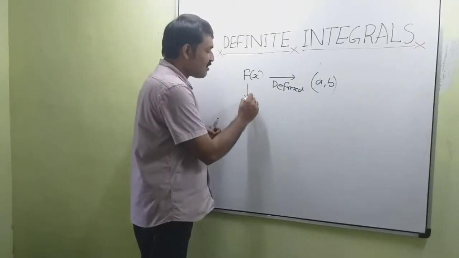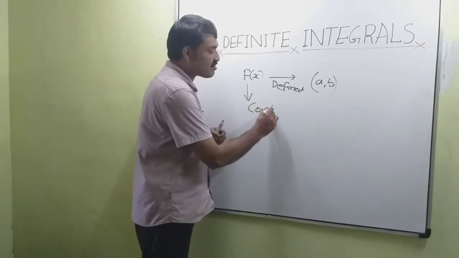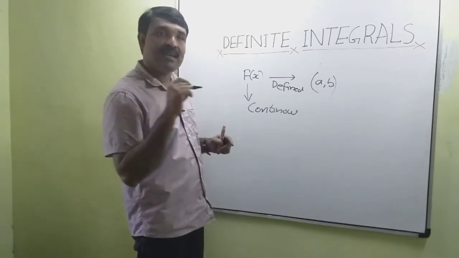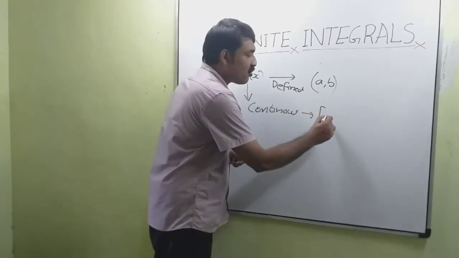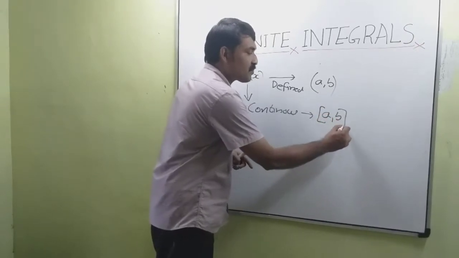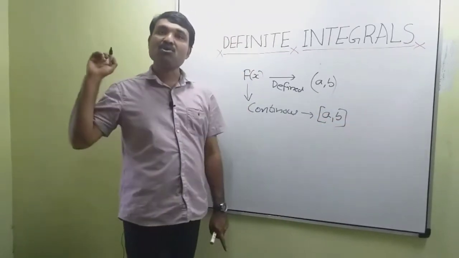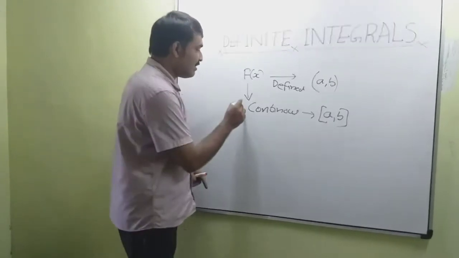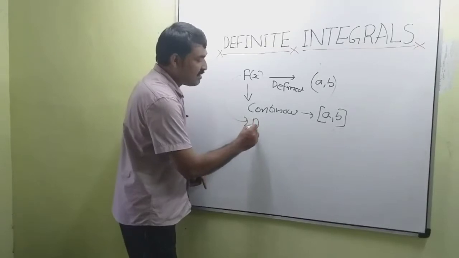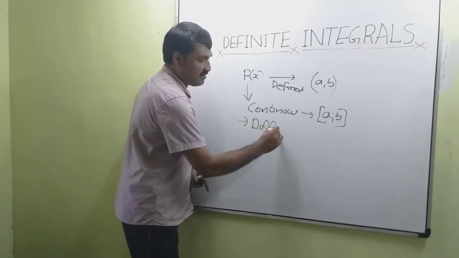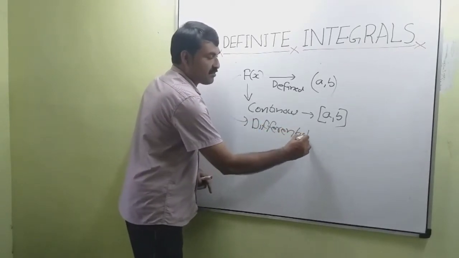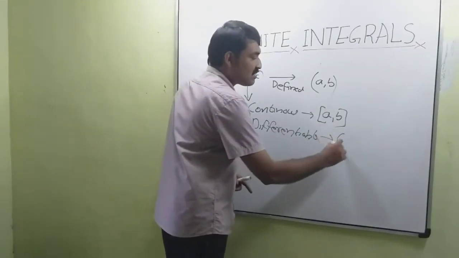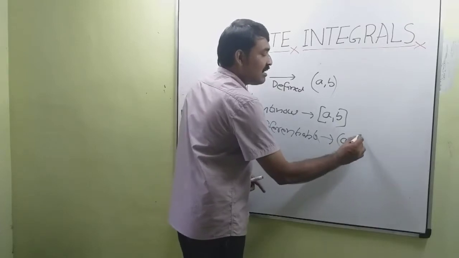That is, this is a continuous function in the closed interval [a, b], and the function is also differentiable in the open interval (a, b).